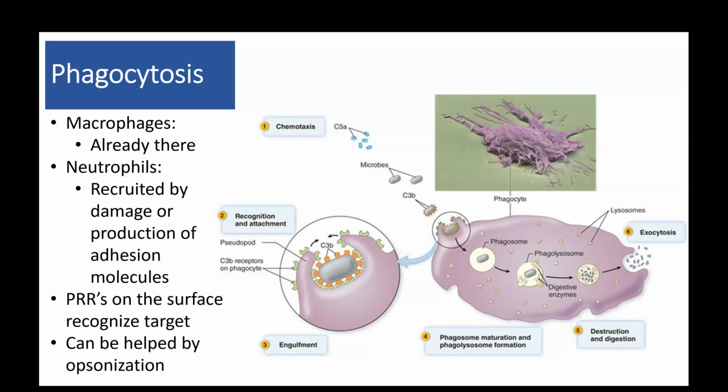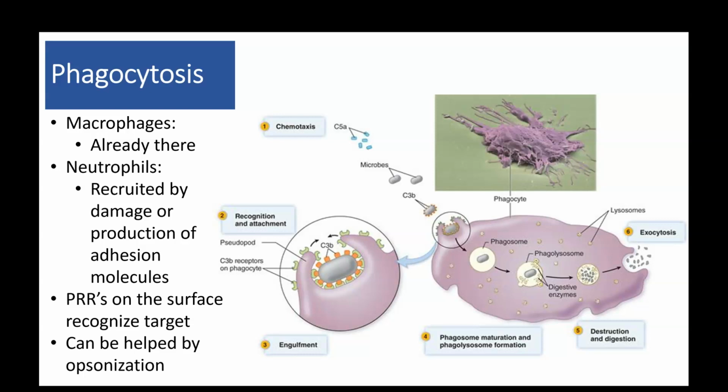Remember that not all cells can do this, only very specific cells: macrophages, dendritic cells, neutrophils, and they're recruited. They're either already there in the case of macrophages. Remember, they were kind of roaming through all the various tissues and portions of our body. Neutrophils are recruited to the site by either cytokines or chemokines, right, for taxis, or adhesion molecules that are going to recruit them to that site.